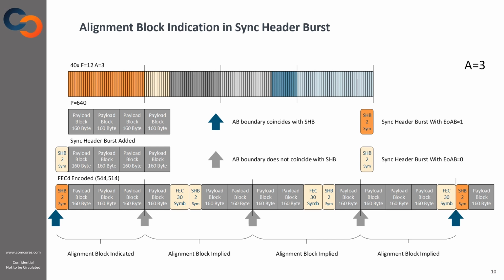But those sync header bursts, the orange ones, will happen occasionally, right? And because we know A is equal to 3, we can imply the other boundaries that happen in the middle of the FEC code word payloads, as indicated by the gray arrows in this image.